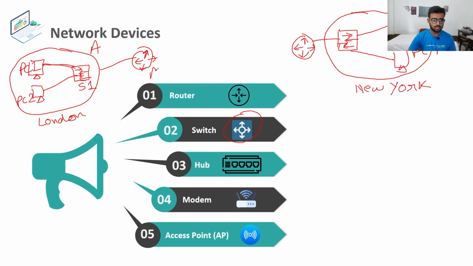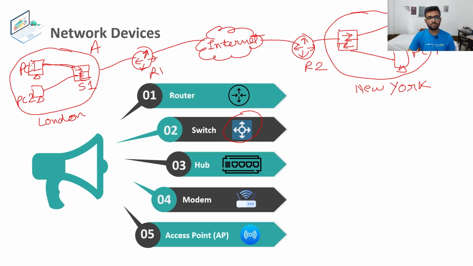This is router R1, this is router R2, and this is the internet. This router is connected to the internet, and this router is connected to the internet. And now this PC can send data to PC3. So what does a router basically do? The router just connects two or more networks with each other.